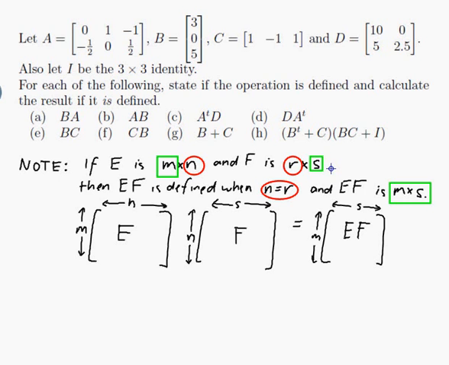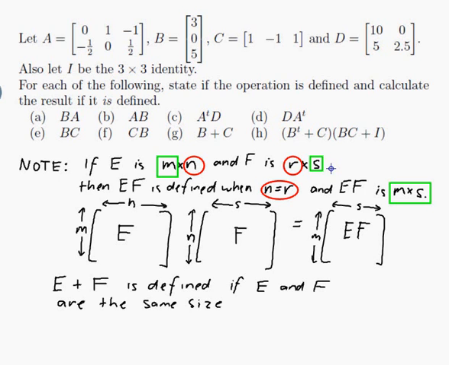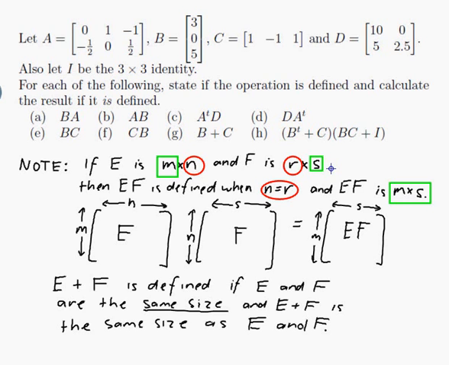What about addition? E plus F is defined if E and F are the same size, and E plus F is the same size as E and F. And of course all of these are because of the way that you do the multiplication, but this is enough for the moment because I'm only going to decide which ones are possible first and then I'll do them afterwards.